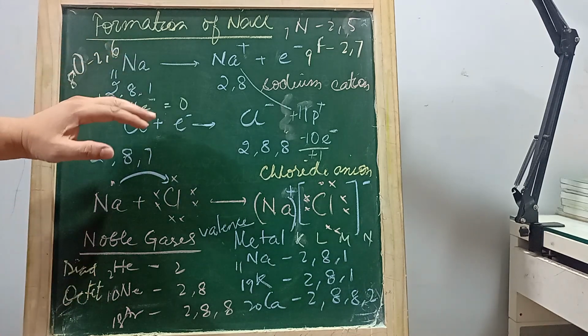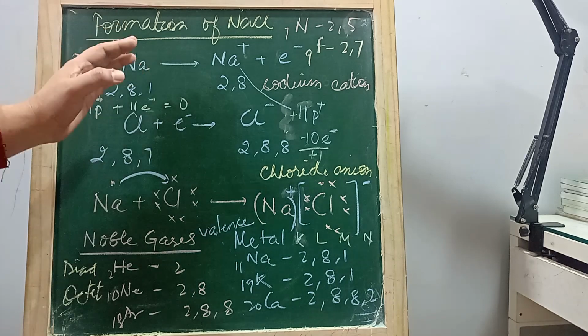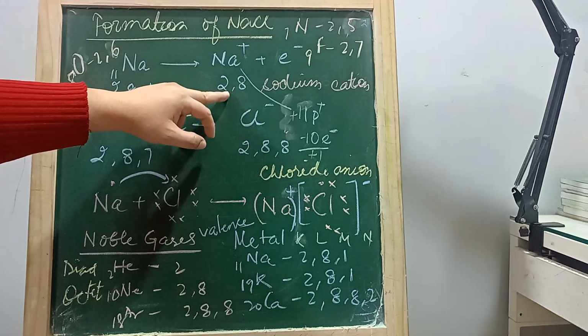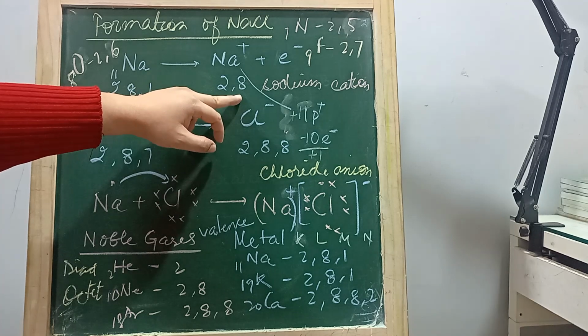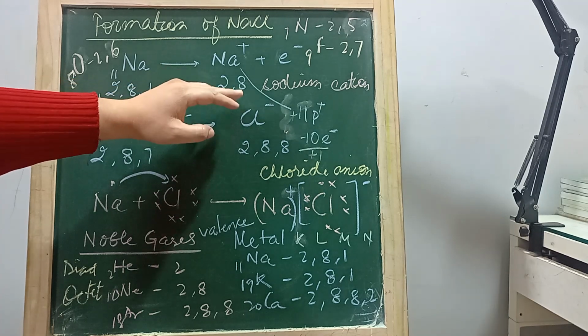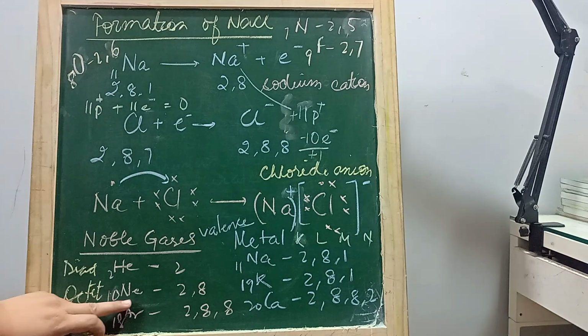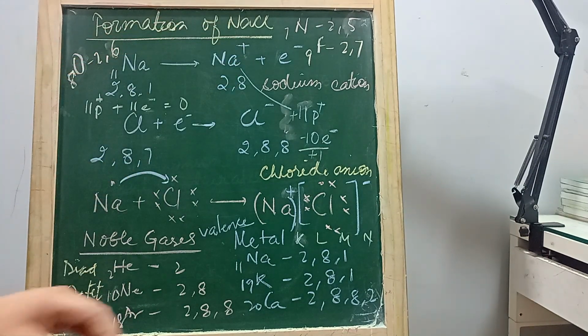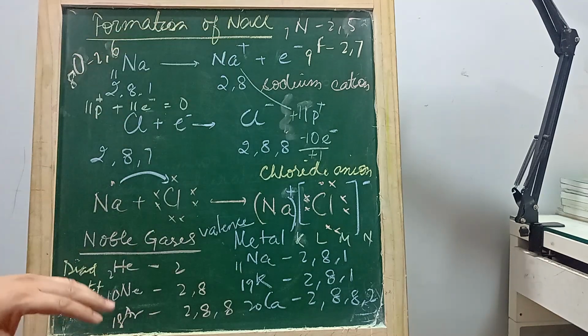So what we have learned here is that when a sodium atom gives off one electron, it becomes stable because it has attained an octet. Its configuration is the same as that of neon, and that's why it has become as stable as neon.